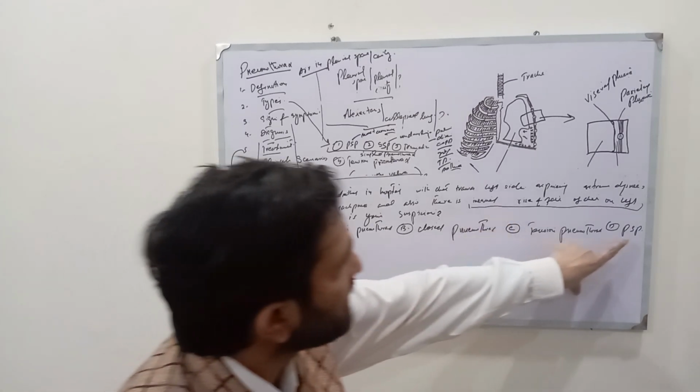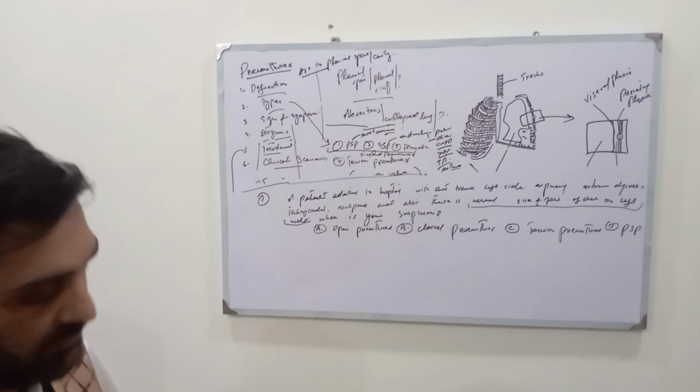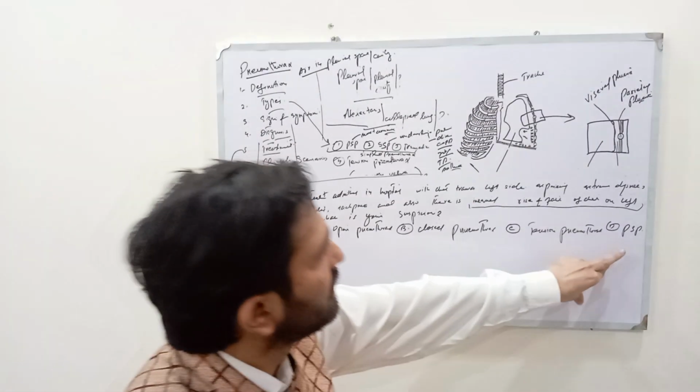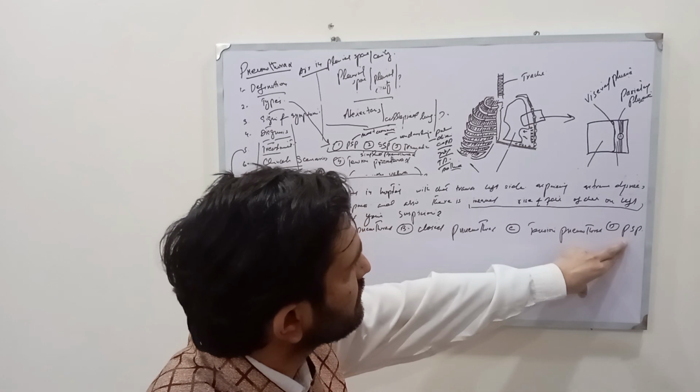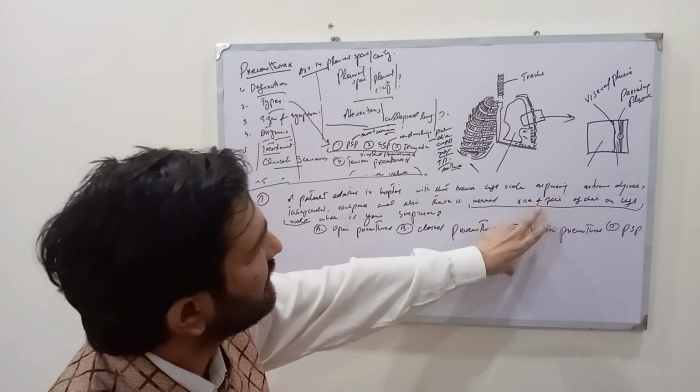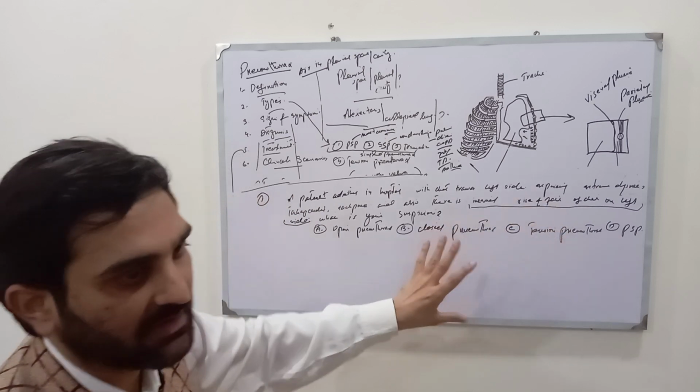You know, in primary spontaneous pneumothorax, most cases are mild, so there is less chance of having unequal rise and fall on the left side.